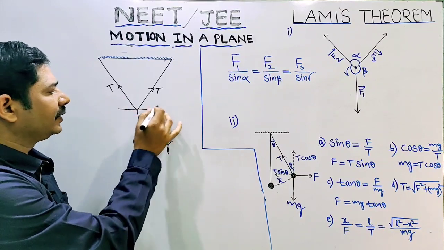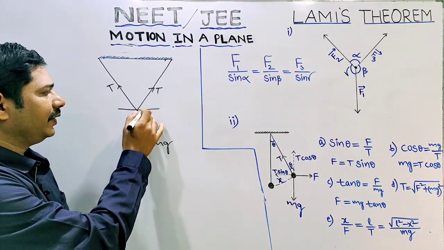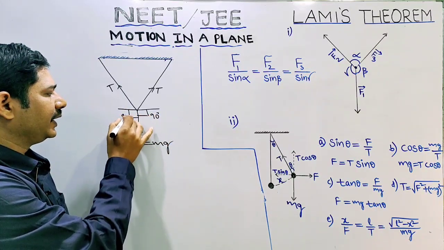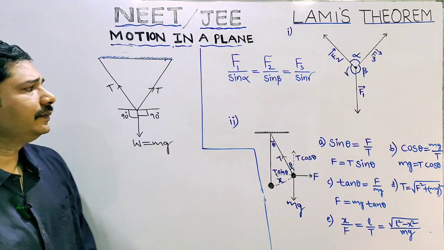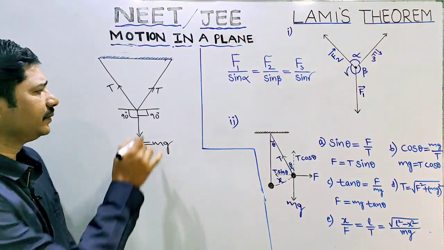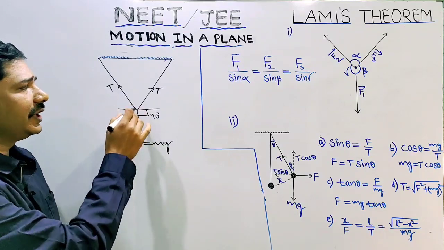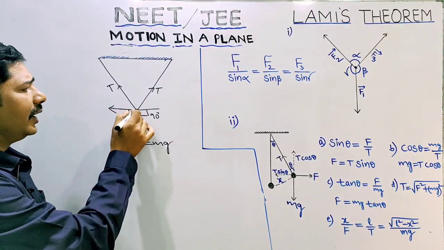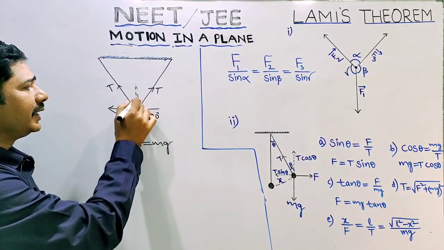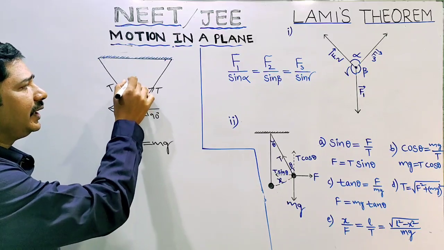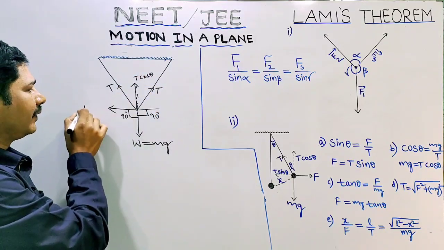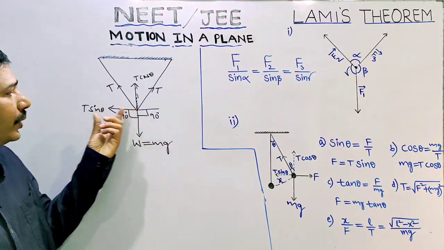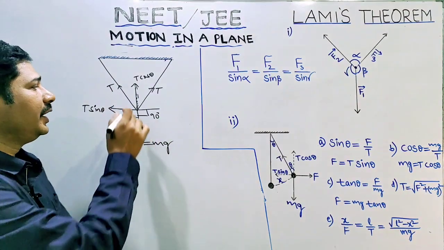Here I am taking one horizontal line. Here the angle is 90 degrees, and here also 90 degrees. Here the resultant weight I am taking. This tension T I am resolving into two rectangular components, T cos theta and T sin theta.